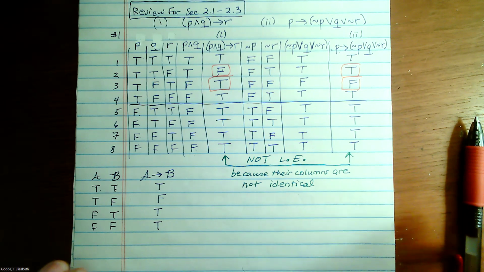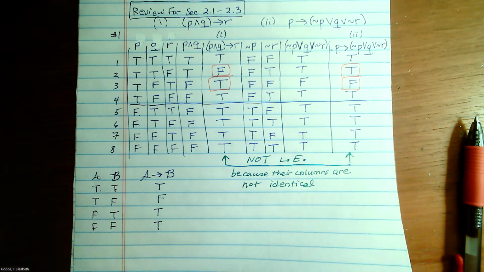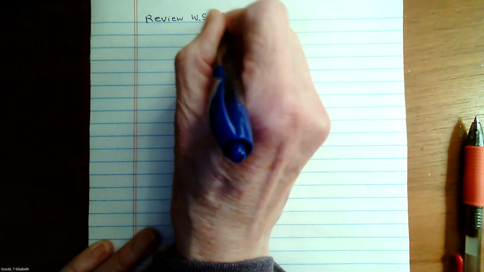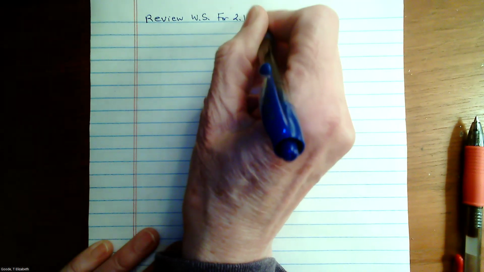So number 4 is an interesting problem. I'm going to get a fresh sheet of paper. This one deserves a sheet of paper all on its own. So this is still the review worksheet for 2.1 to 2.3.